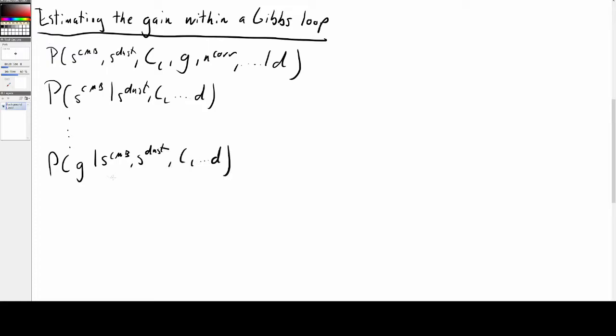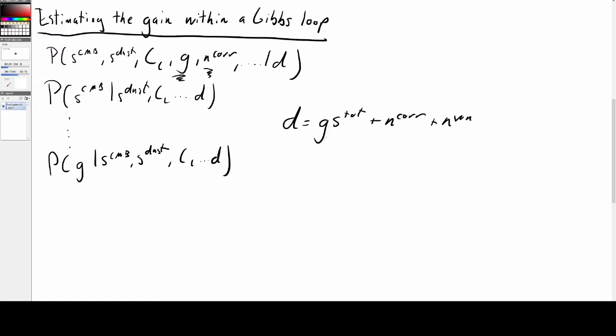There is a thing to note here, which is that as we have seen, the gain and the correlated noise are degenerate with each other. So let's have a look at this simple data model again that we have looked at before, where now I write the noise as the sum of the correlated noise and the white noise.